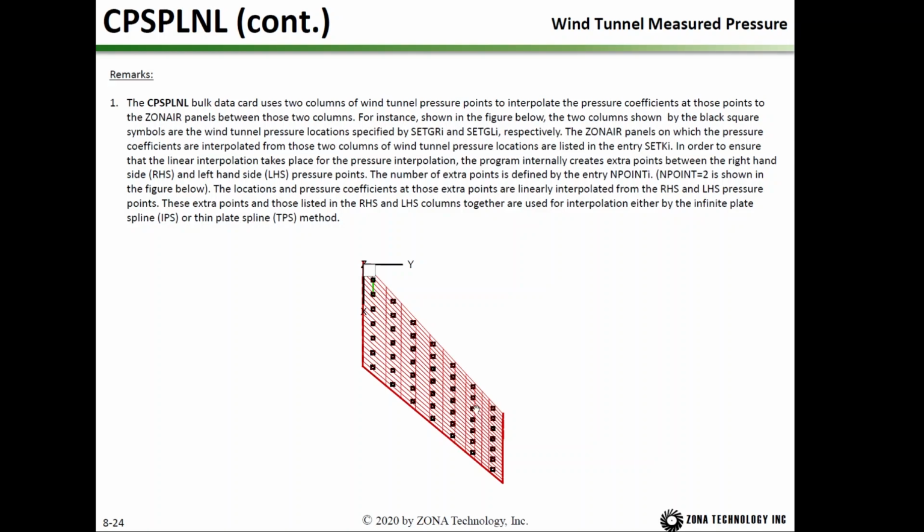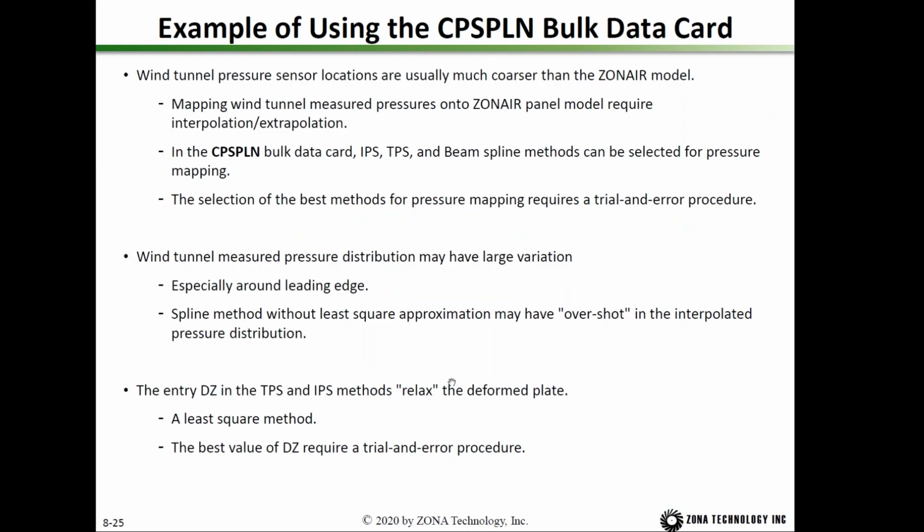But CP spline L uses a linear spline to interpolate the CP along the spanwise direction. Because the wind tunnel pressure sensor locations are usually much closer than the ZONAIR model, mapping the wind tunnel measured pressure onto ZONAIR requires interpolation and extrapolation.